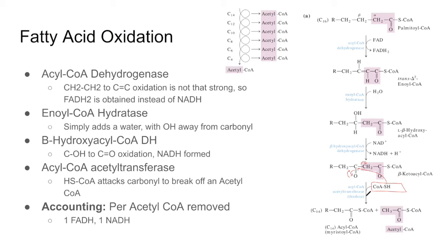And so effectively, this is a substitution reaction where coenzyme A-SH comes in and acetyl-CoA leaves. And so what you're left with is a new coenzyme A attached, but 14 carbons long now instead of 16, and that free acetyl-CoA is out.